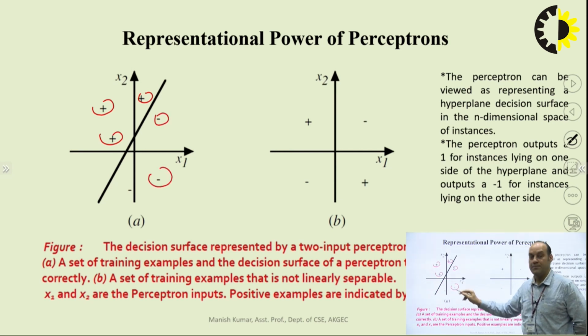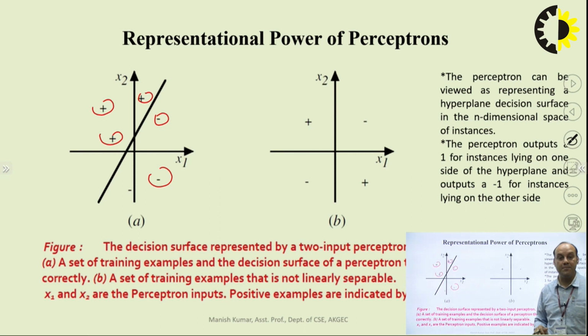So the problems which are linearly separable can be solved using the single layer perceptron model, and the problems which cannot be separated linearly can be solved using the multi-layer perceptron model.